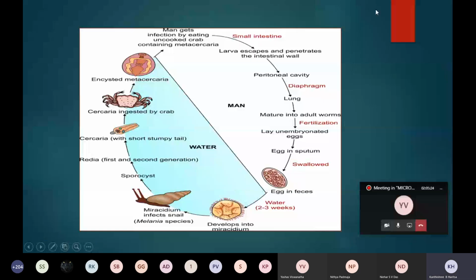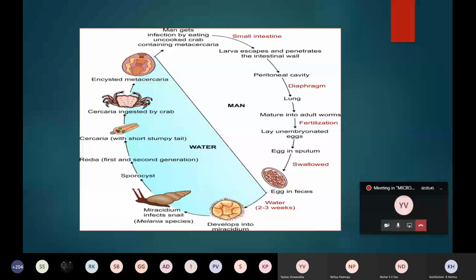After that, the second generation redia will develop into the cercarial larval stage, which has a short stumpy tail. Then this cercarial stage is ingested by the crab.